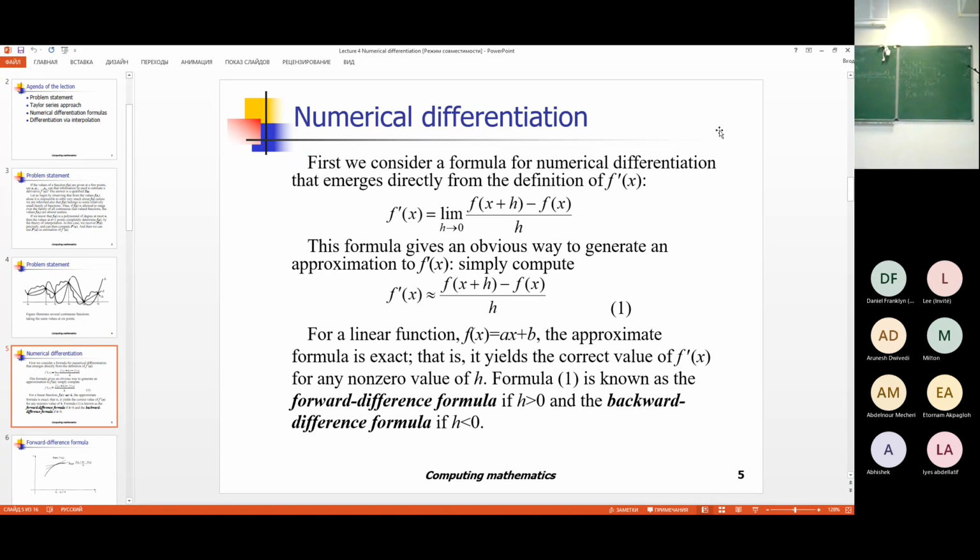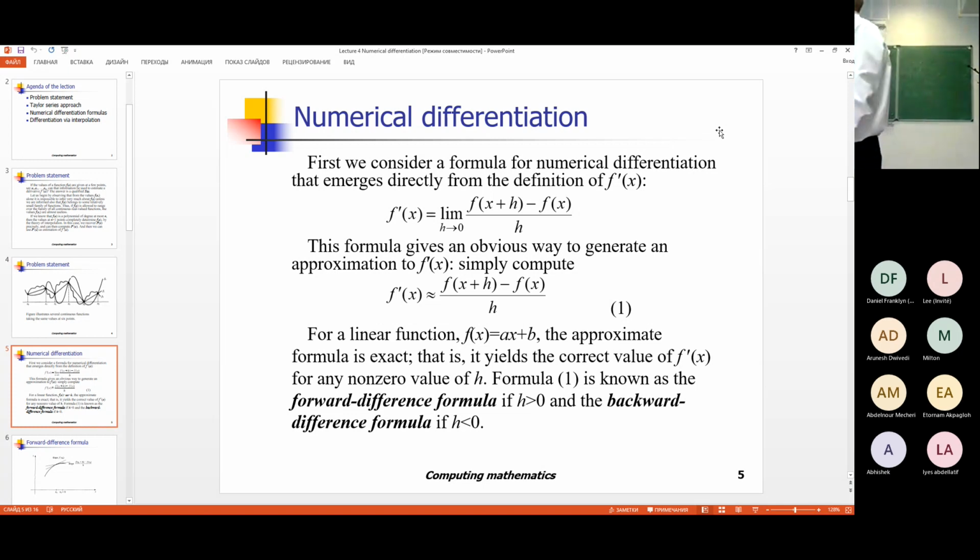For any value of h, because h is cancelled. It means that formula 1 gives us the exact value for a linear function. The value will be exact.